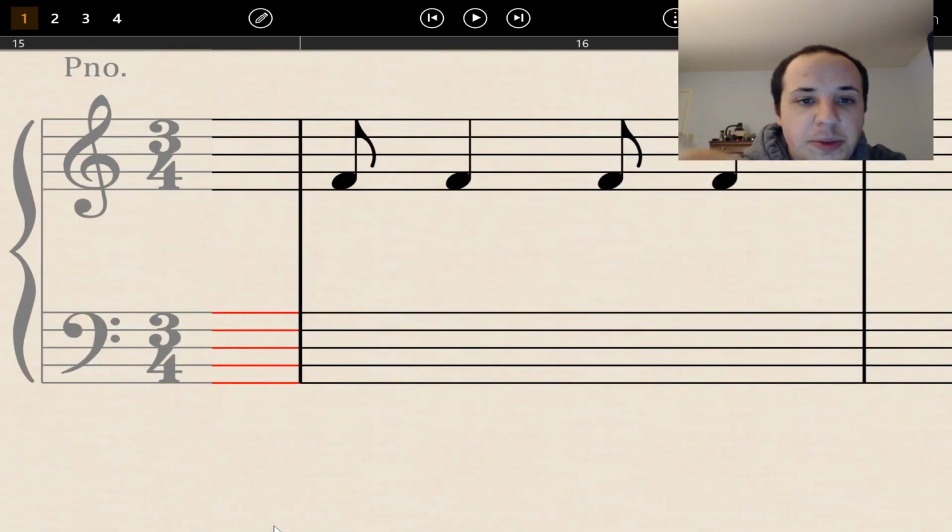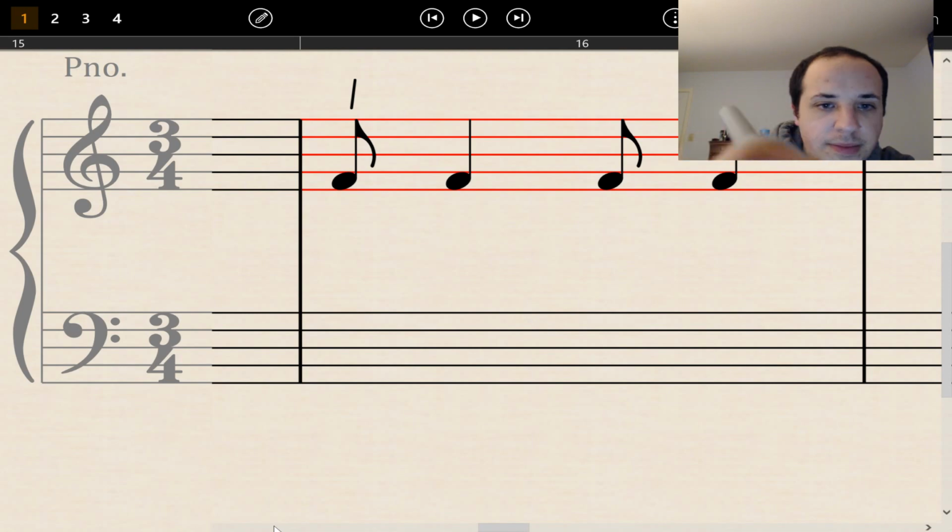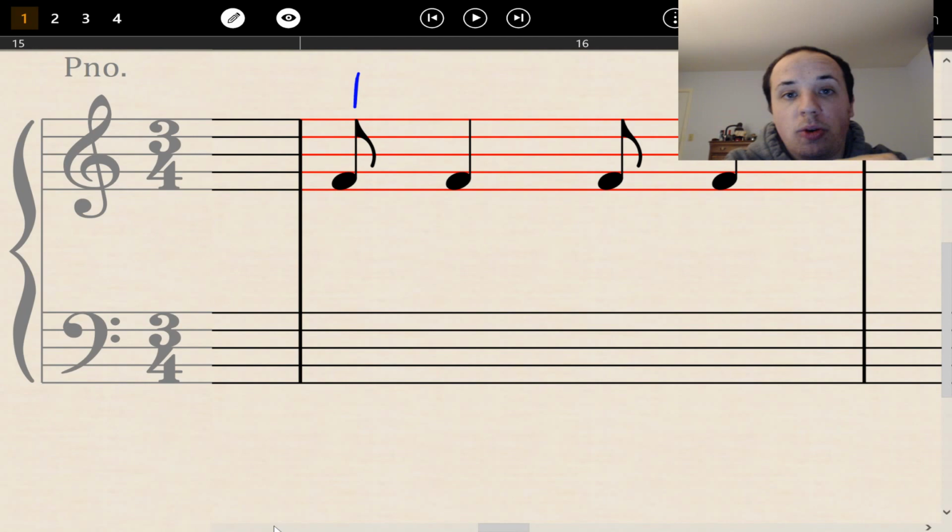So actually we do have the correct number of beats, and there we go. Now it's kind of strange, right? Because you would almost expect there to be, well, let me walk you through it. So we have beat 1 here. What beat is this quarter note going to hit on?